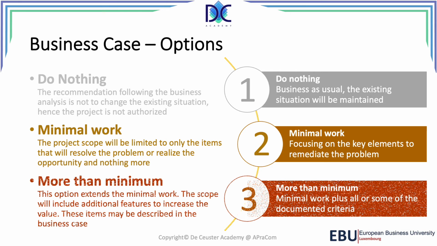And we can also do more than minimum. So we have some additional things that we are going to do. And that's very important, to see what are the different options that we select. All has to be decided in the business case. Now, do nothing, it means we have to find some other way to invest our money. A company that's not investing the money properly is not managing the money properly.